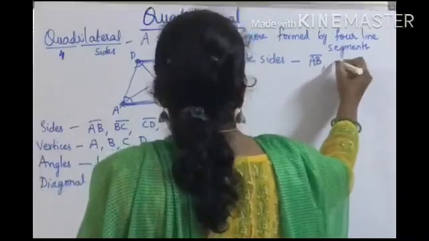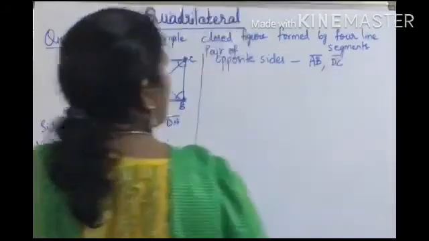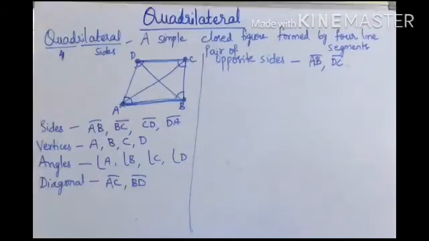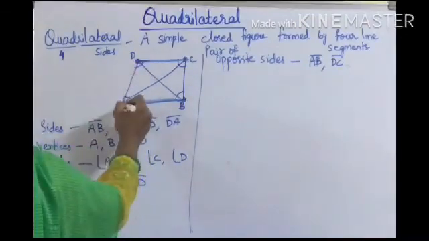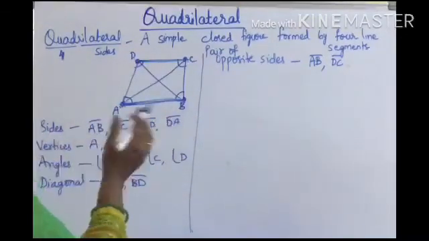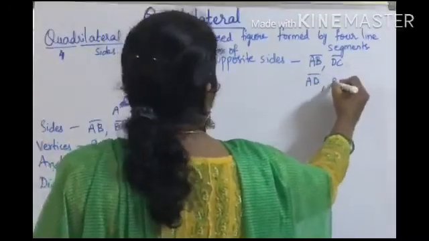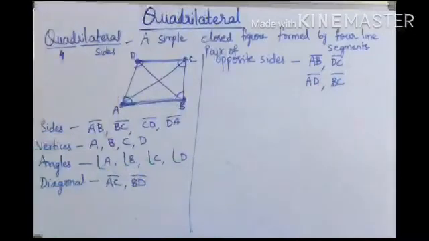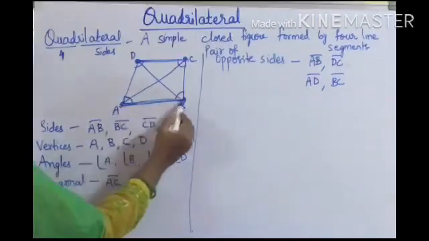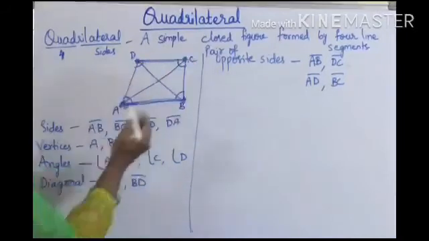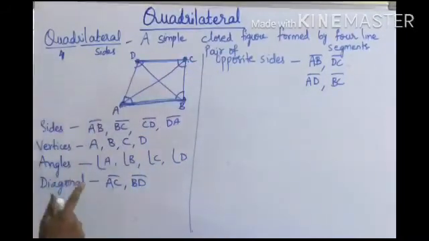AB and DC are one pair of opposite sides. Next, AD and BC are also opposite, so another pair is AD and BC. So you get two pairs of opposite sides in a quadrilateral. Once again, AB is opposite to DC and AD is opposite to BC.